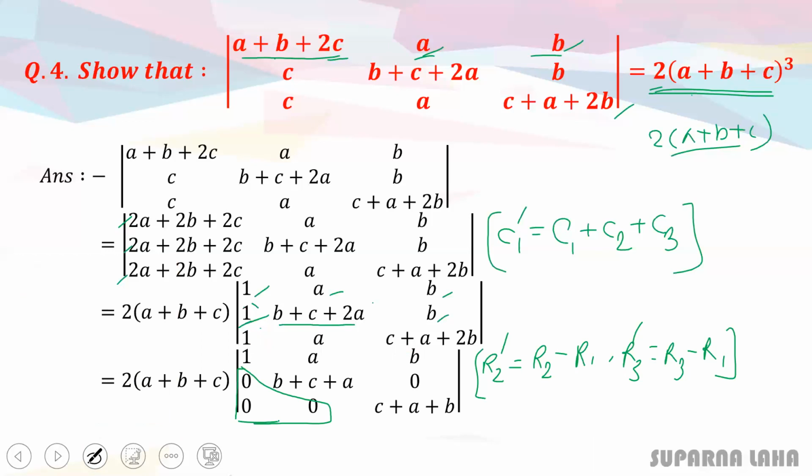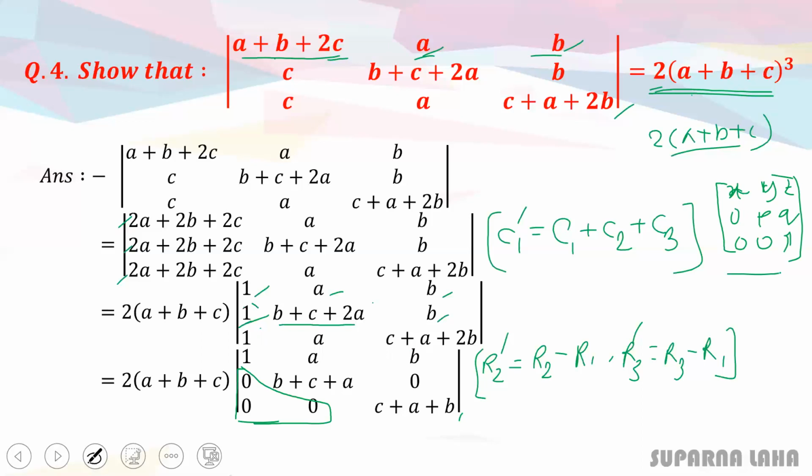Okay, so this type of determinant or matrix, if we write it in a matrix form, we will write this one as A, X, Y, Z, and then 0, P, Q, and then 0, 0, R. So if we write down this determinant in a matrix form, it will look like that.